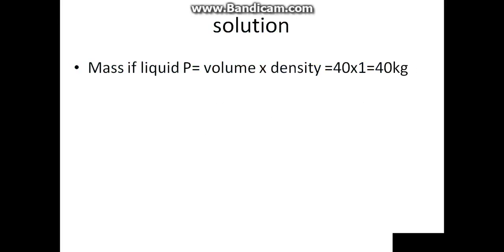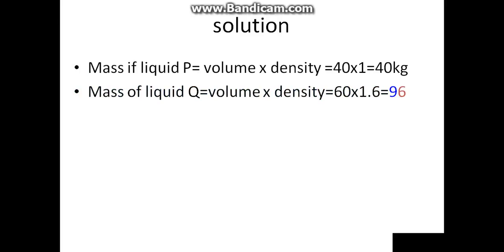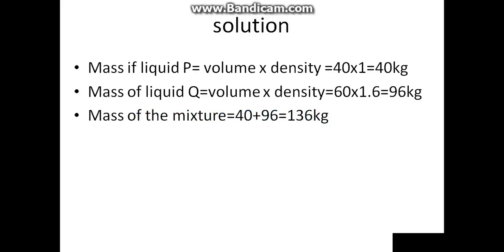Solution. Mass of liquid P equals volume times density, which is equal to 40 times 1, which will give us 40 kg. Mass of liquid Q equals volume times density, which is equal to 60 times 1.6, which is 96 kg. Mass of the mixture is now equal to 40 plus 96, which will give us 136 kg.